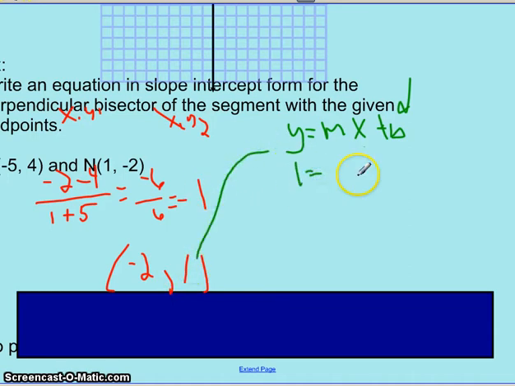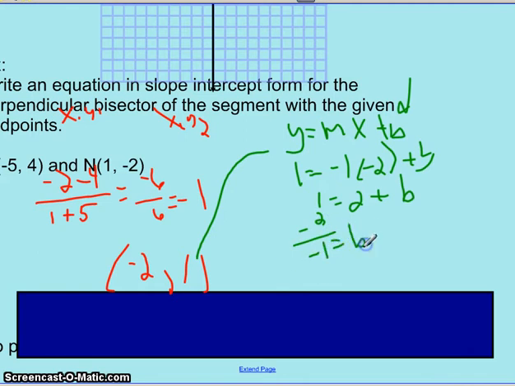I'm going to plug in my slope is -1. And then I'm going to plug in my x value, which is -2. So negative times negative is going to be a positive. Subtract the 2, looks to be a -1 for my b. So now we must just rewrite the equation real quick. So it will be y equals -1x minus 1.